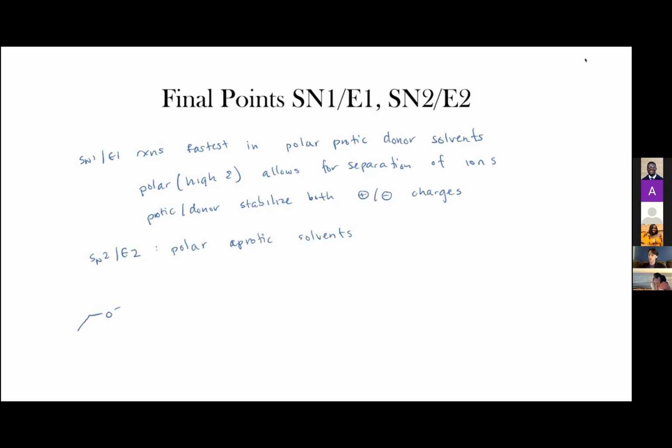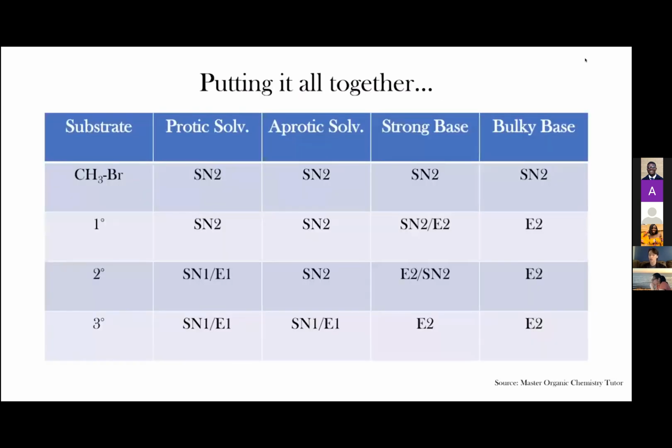The last thing I'll show you is this table, putting it all together, which will hopefully help in your studying or when you're having difficulty deciding which reactions are going to take place. The table goes down for methyl, primary, secondary, and tertiary, and across the top it compares protic solvents, aprotic solvents, strong bases, and bulky bases.